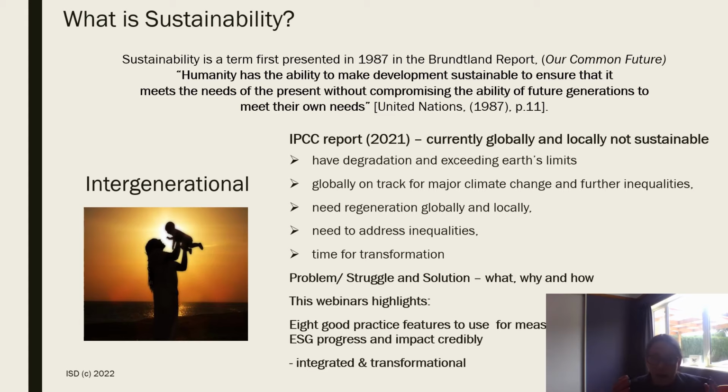So it's time to really start to look at how can we transform what we're doing. Do we need to regenerate, plant trees, look after the environment more, address inequalities?